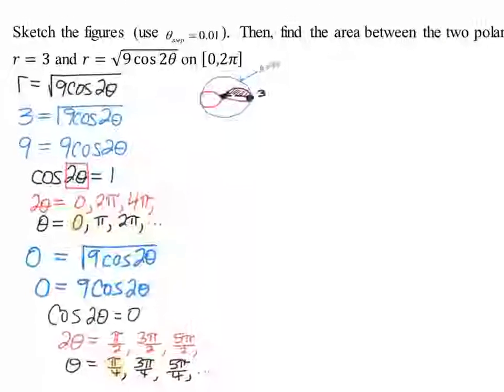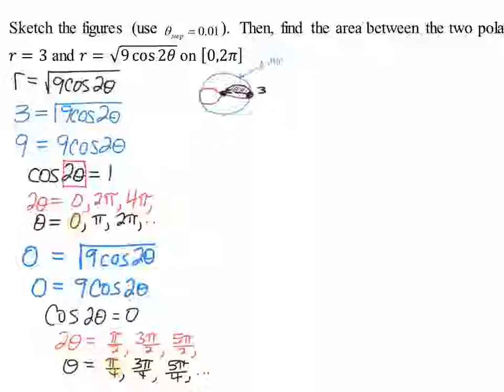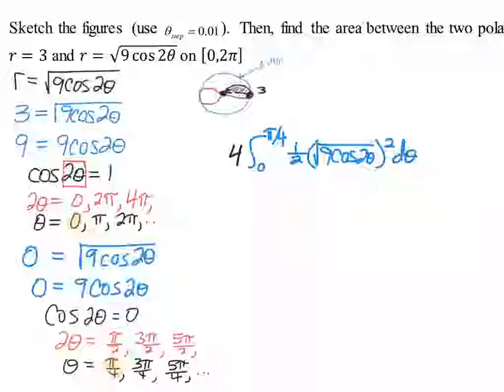So I'm going to integrate from 0 to pi over 4 of 1/2 r squared, where r is the square root of 9 cosine 2 theta, d theta, and multiply the result by 4.